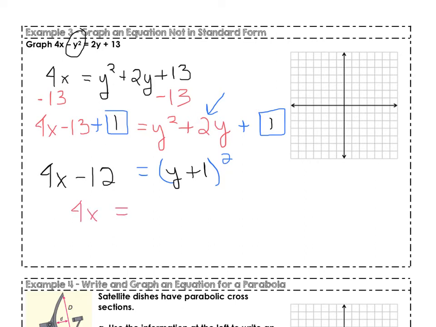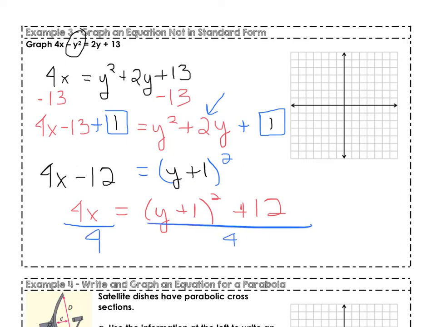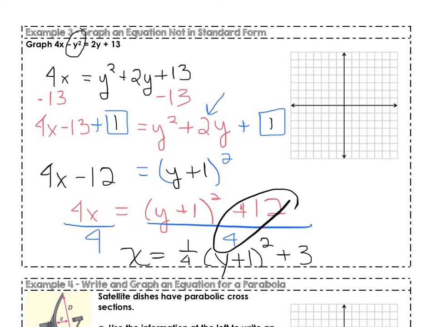So we have 4x equals (y plus 1) squared plus 12. And now I'm going to divide everything by 4, creating the equation x is equal to 1/4 of the quantity y plus 1 squared plus, we also divided 12 by 4, so plus 3.